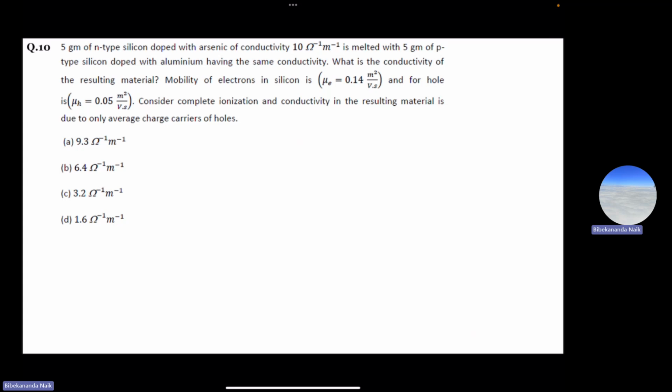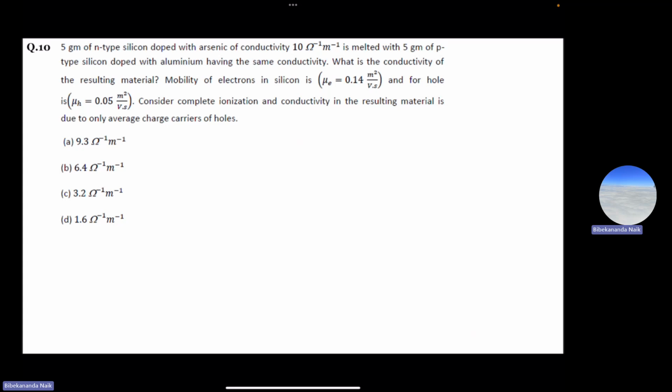So let's read the question once again. 5 gram of N-type silicon is doped with arsenic, of conductivity 10 ohm inverse meter inverse, and it is melted with 5 gram of P-type silicon that is doped with aluminum, and both have the same conductivity.